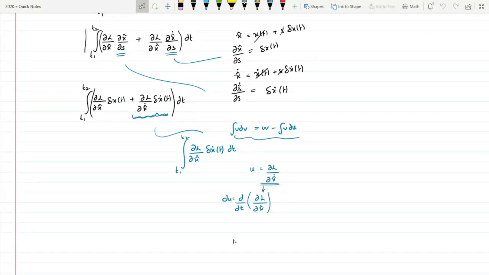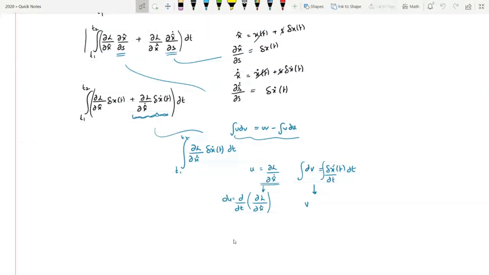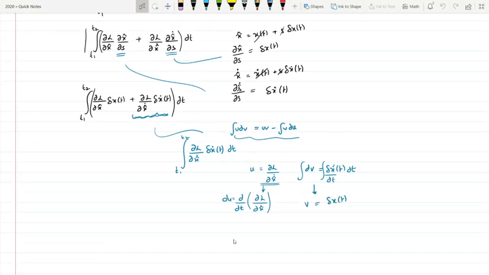And what I'm going to do is choose my dv to be equal to this. If I integrate dv, this is just a time integral. It's a derivative with respect to time, which means it vanishes, and the integral of this thing means that v is just dou x of t. Is everyone clear? Super simple.